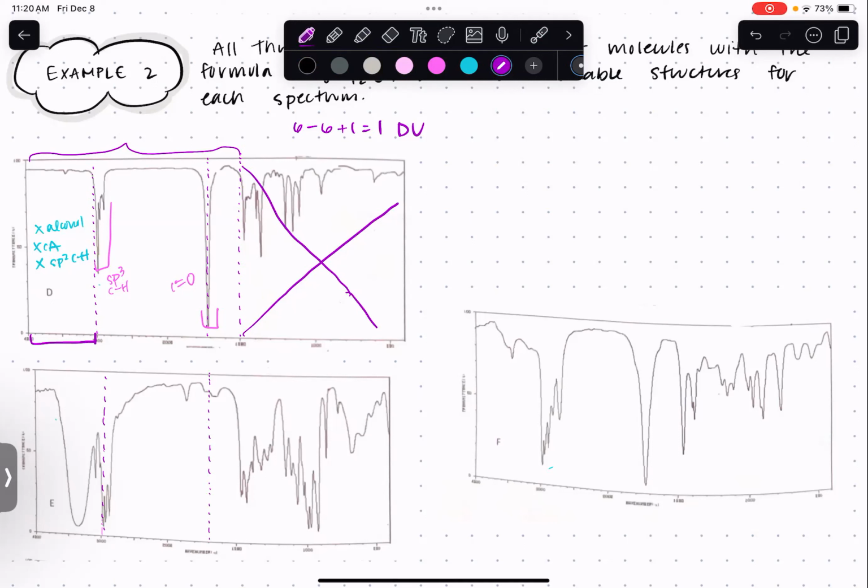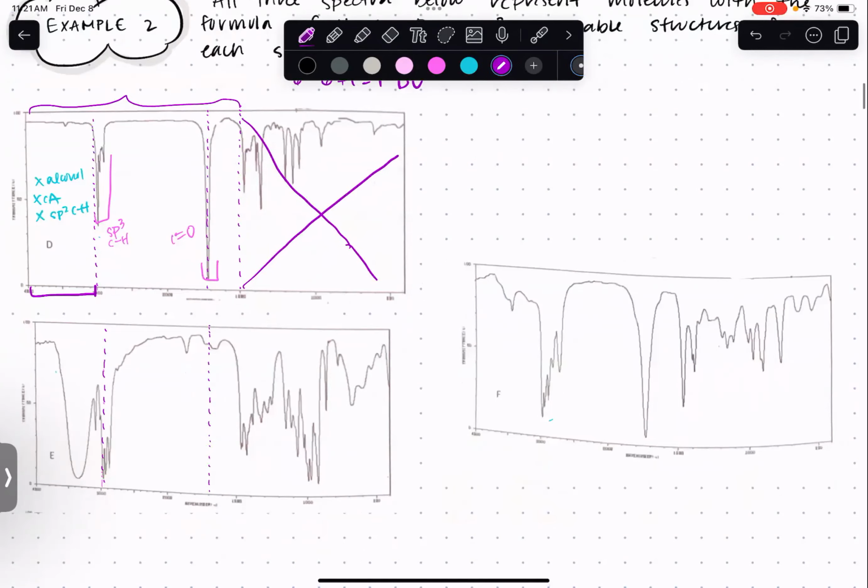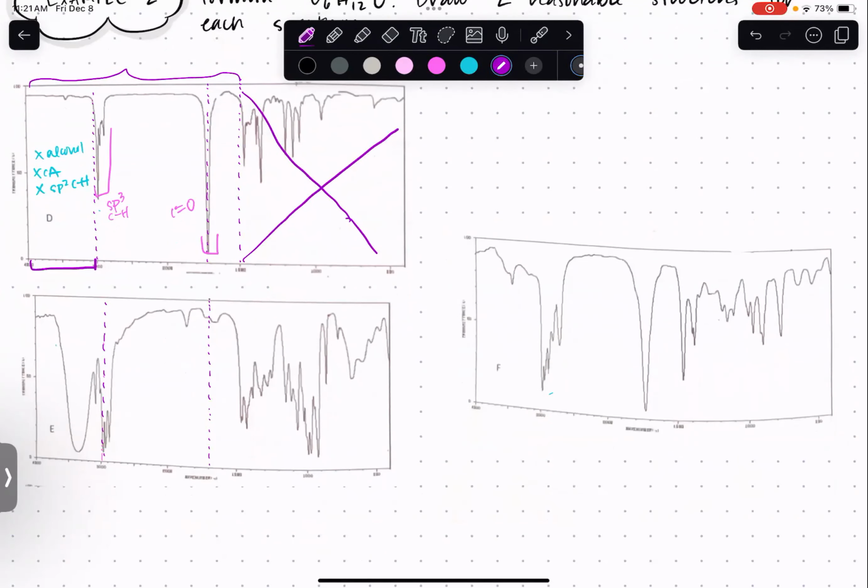This one does have something above that 3000 region, and it's really big and it's really broad, and it's going to have a shape that looks more like India rather than like Florida. So if I had to identify this, I would say that this was an alcohol, right? And the other thing I right away noticed is that here in the 1700 region, there's no carbonyl stretch.